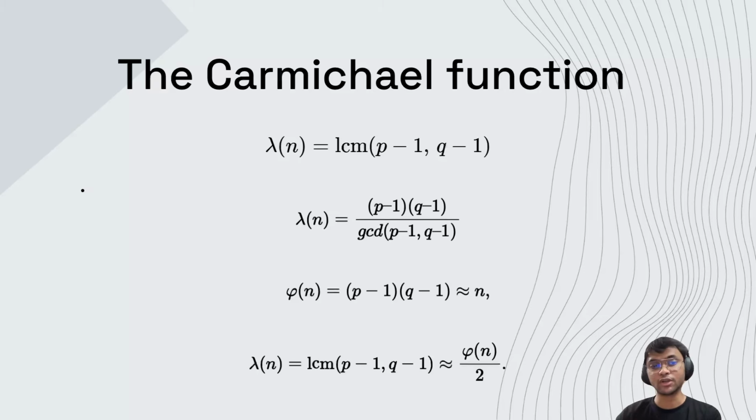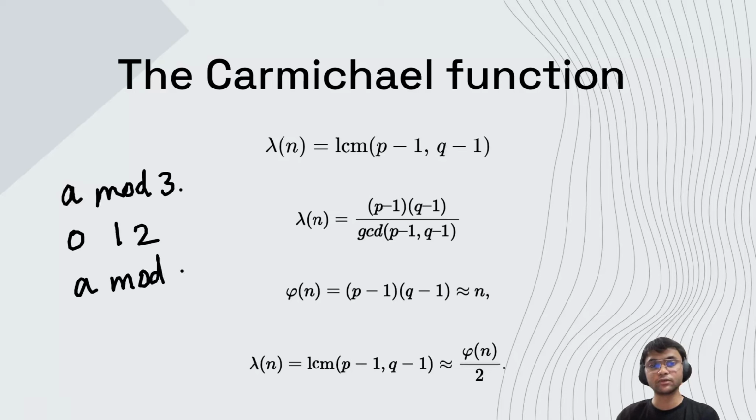For quick modular arithmetic, if you say a mod 3, the possible values of a are 0, 1, 2. But if you say a mod 2, the possible values are 0 and 1. This is what we are trying to get at.